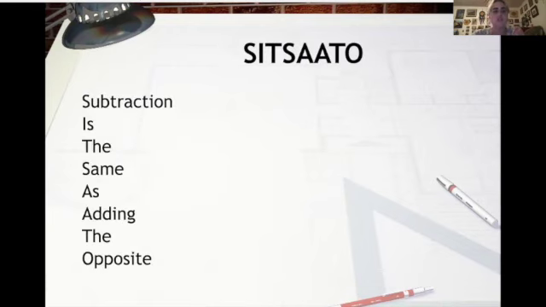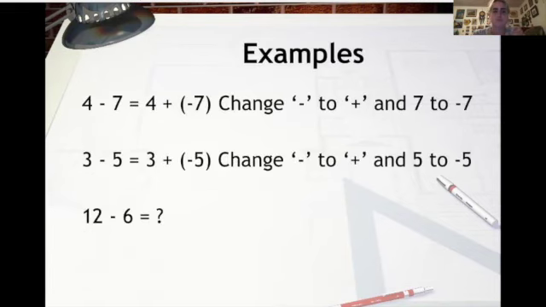Subtraction is the same as adding the opposite. Just as we mentioned that -2 plus 2 equals 0. So subtraction is the same as adding the opposite. Some examples, we have 4 minus 7 equals 4 plus -7.